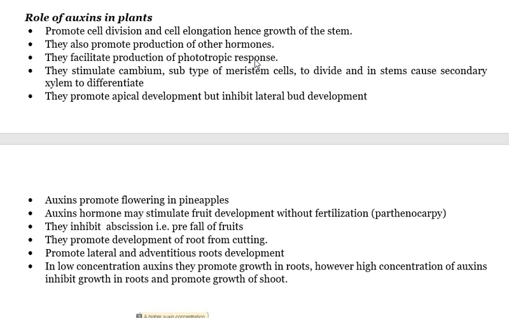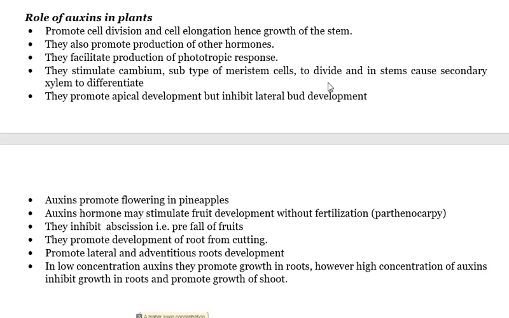as we shall see later. In this session I will discuss the experimental demonstration of how Auxin affects phototropism, and then they stimulate cambium, a subtype of meristematic cells, to divide, and in stems they cause secondary xylem to differentiate.